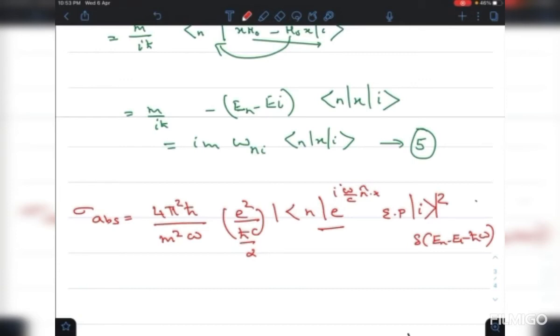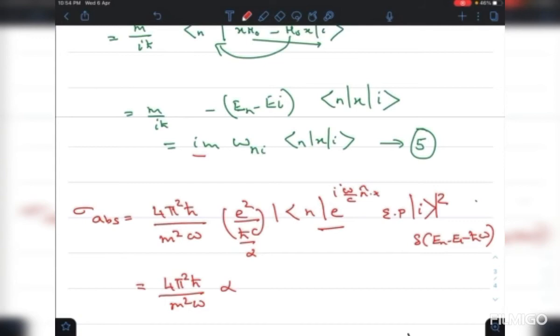So this we can put as 4 pi square h cross by m square omega alpha, and this is modulus square. So here I is there, modulus square is 1, m square omega ni square.